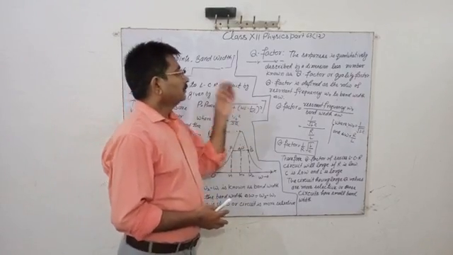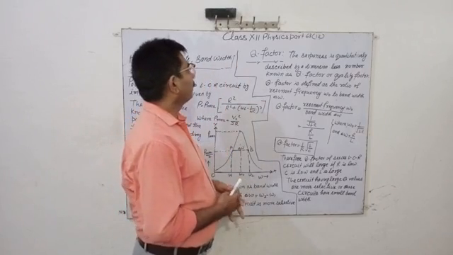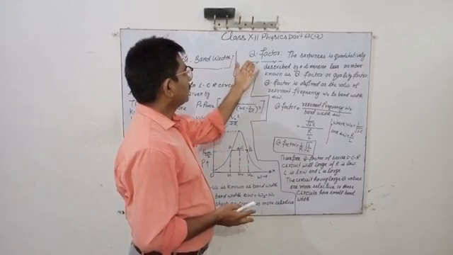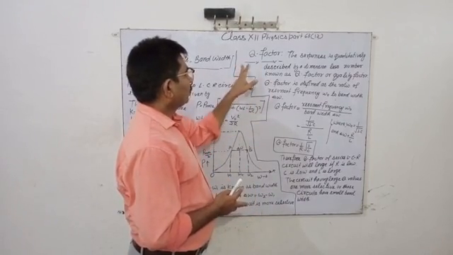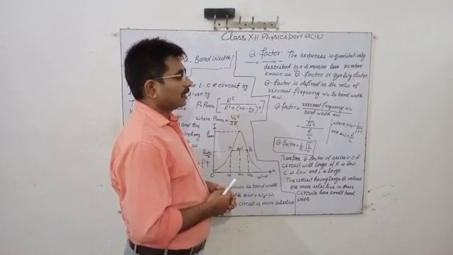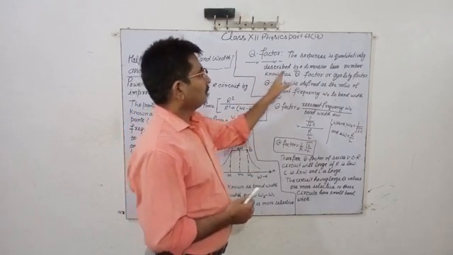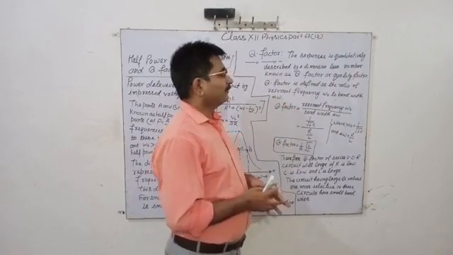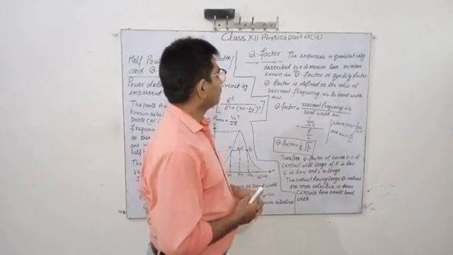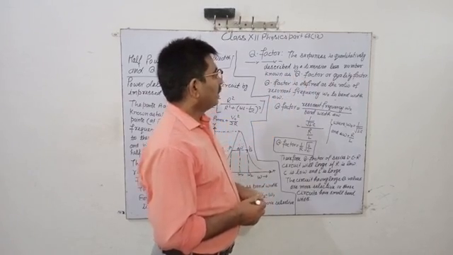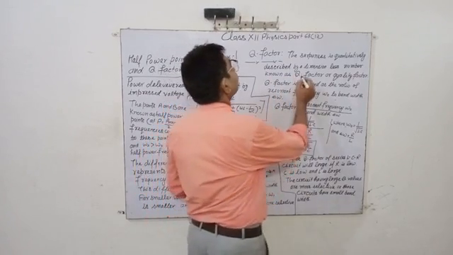Sharpness may be defined quantitatively in the form of a number, that is the Q factor. Now come to the quality factor or Q factor. The sharpness is quantitatively described by a dimensionless number known as the Q factor or quality factor.